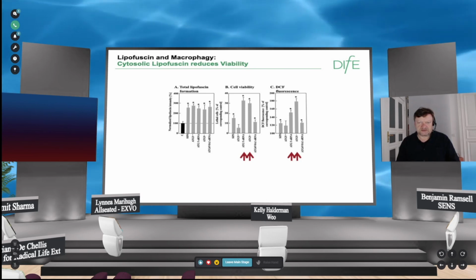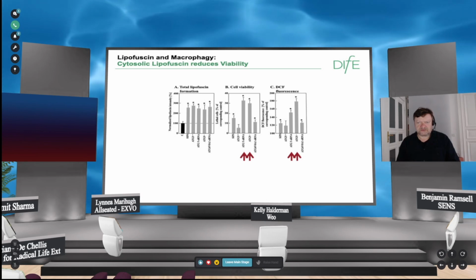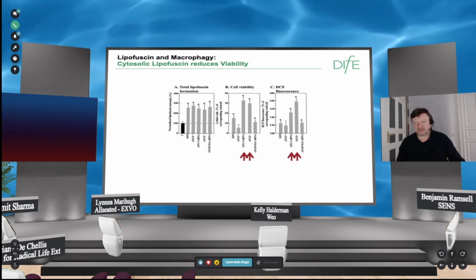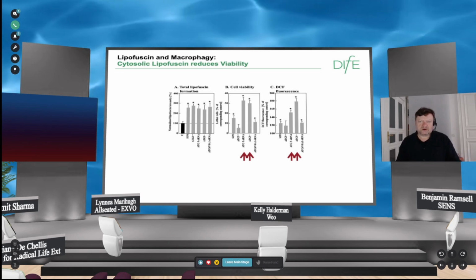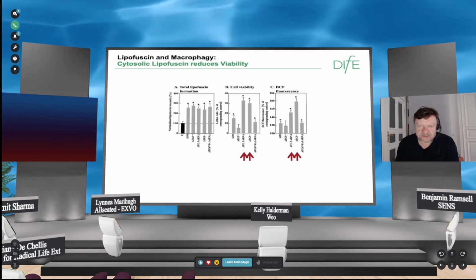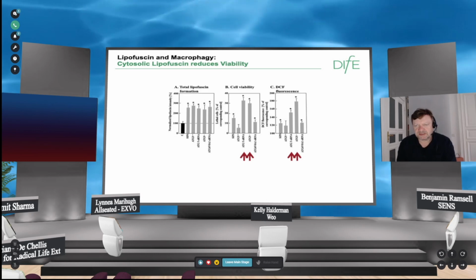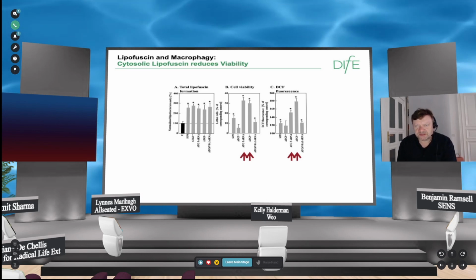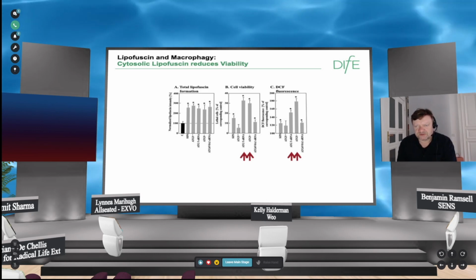And this free cytosolic lipofuscin influences cell viability. As you can see here, the two dots, where we have different methods to knock out in fibroblasts, such as RNAi, or also the inhibition of the acidification of the lysosome, which plays some role, but not an exclusive one.